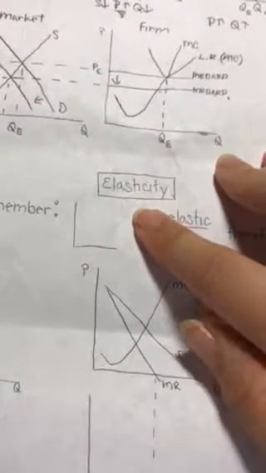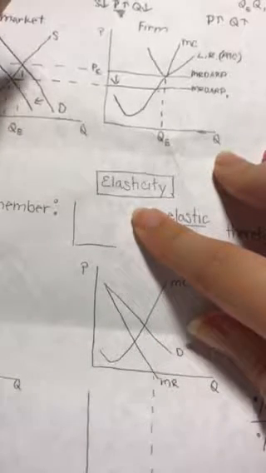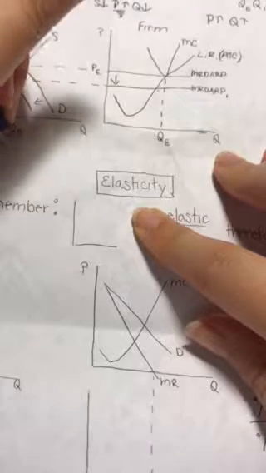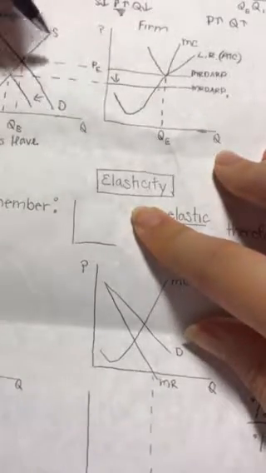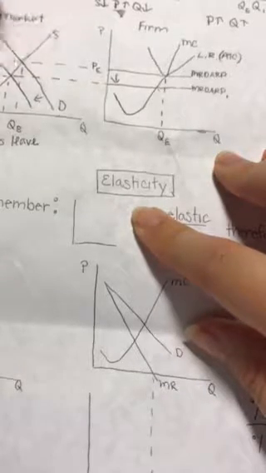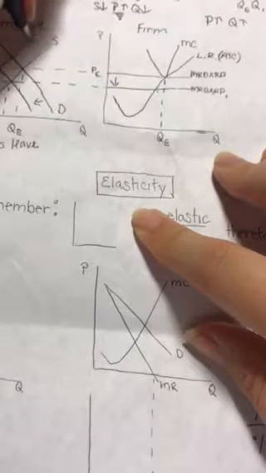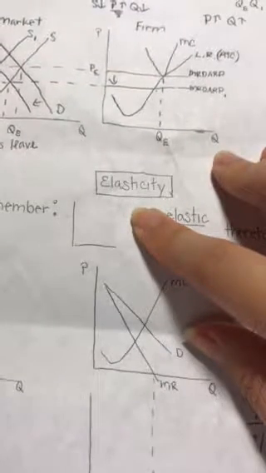If a loss happens, oh no, here's the long one. A loss means that firms leave the market. If firms leave the market, that decreases supply, which gives me a new equilibrium again.